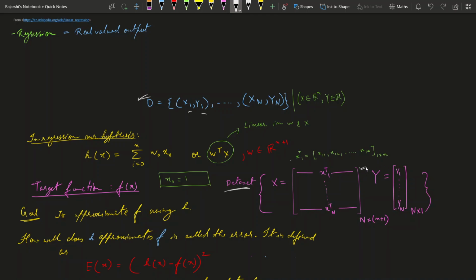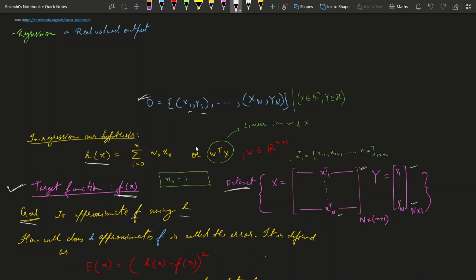So for this input x1, you will have your corresponding y1 output, the scalar response. Similarly, for xn input, you will have your yn output, scalar response. So we believe that there is a target function which is called f of x. Now our goal is to approximate f of x using h. H is our hypothesis.